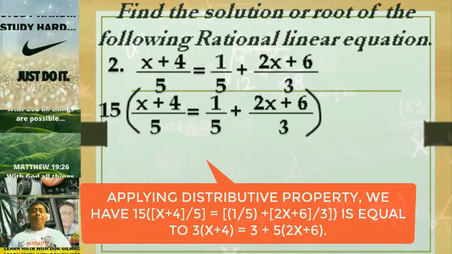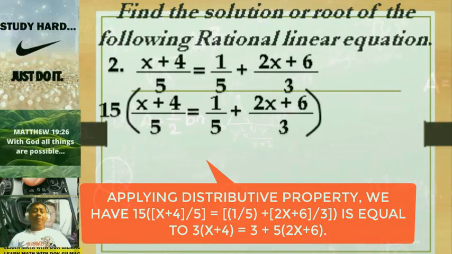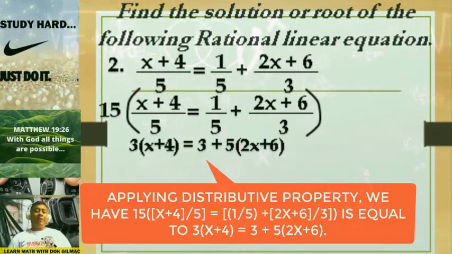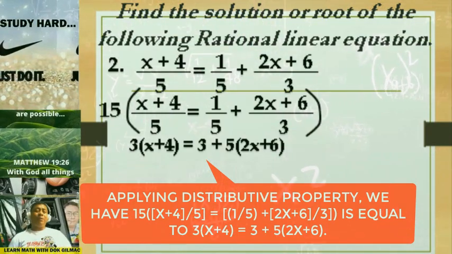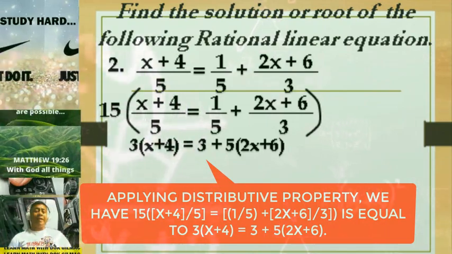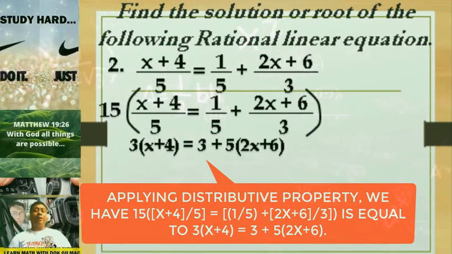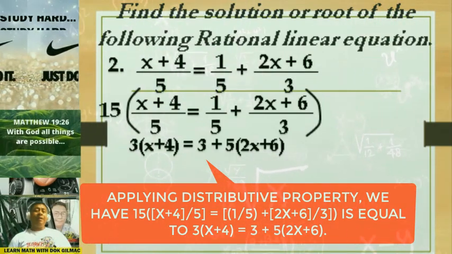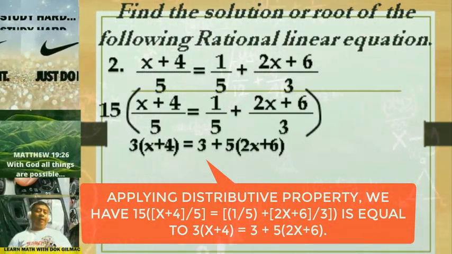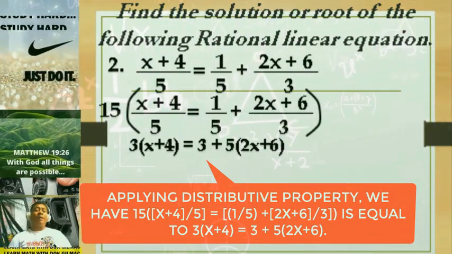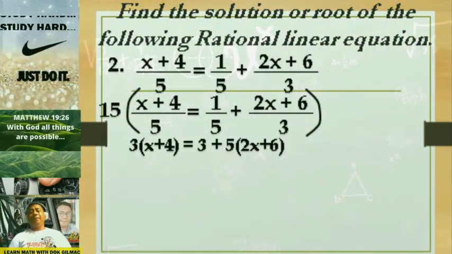Applying distributive property, we have 3 times (x plus 4) is equal to 3 plus 5 times (2x plus 6). Since 15 over 5 is 3, multiplied to x plus 4, is equal to 15 times 1/5 is 3, plus 15 times (2x plus 6) over 3 is 5 times (2x plus 6).